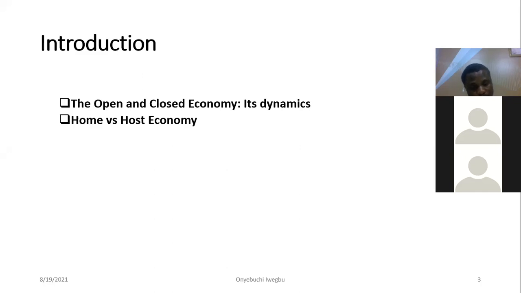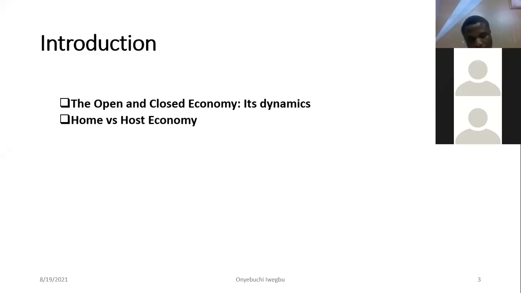Examples of open economies are basically all the economies in the world. For a closed economy, they don't engage in any export or import activities, and they mostly practice the domestic economy. An example should be the global world, I guess.